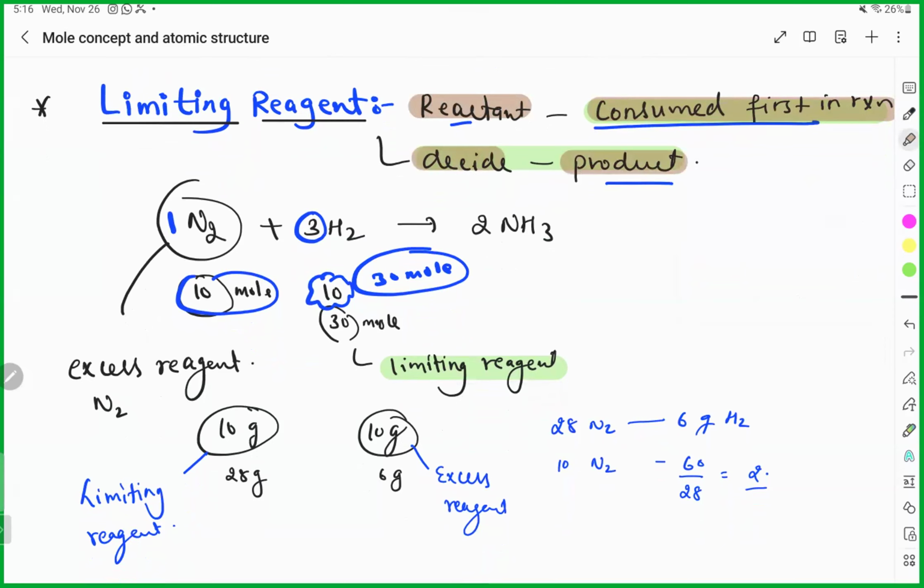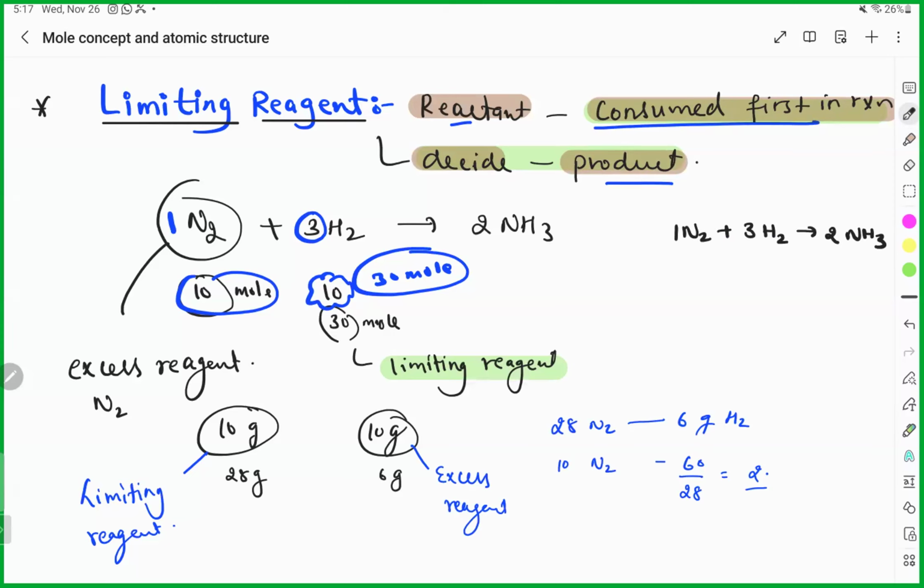If somebody just gives you a reaction, example 1 nitrogen and 3 mole of hydrogen produce 2 mole of ammonia, here you cannot tell which is the limiting reagent. You need data. Understood? Just based on this reaction nobody can tell.